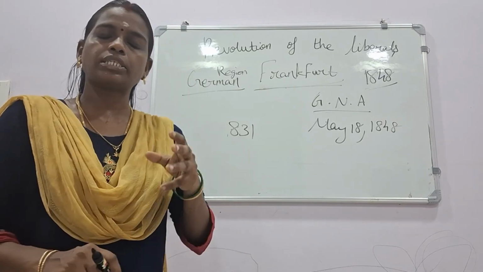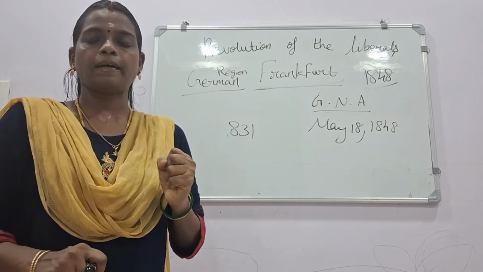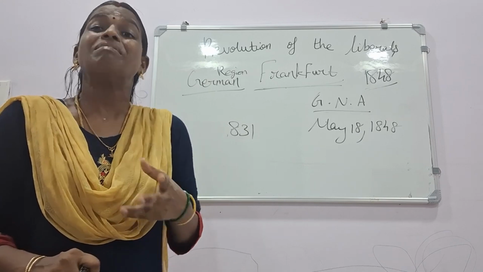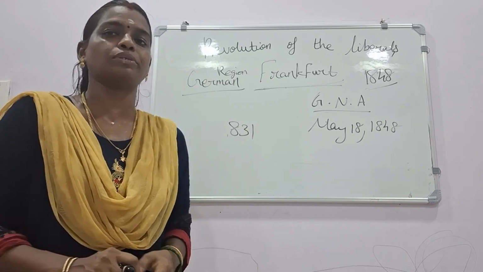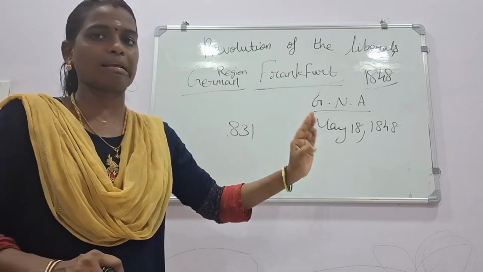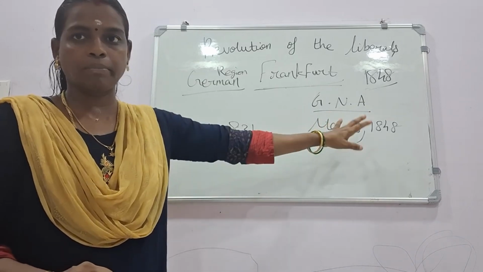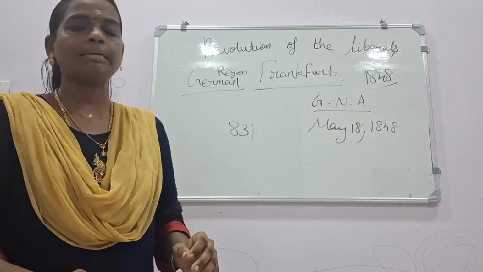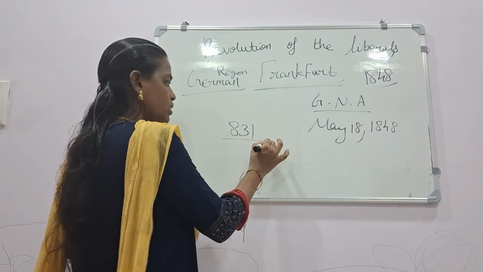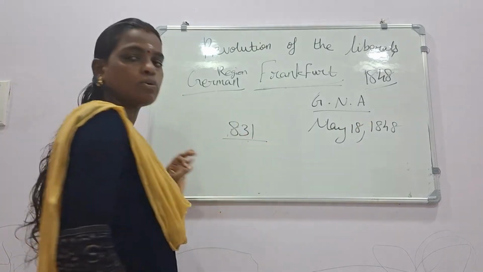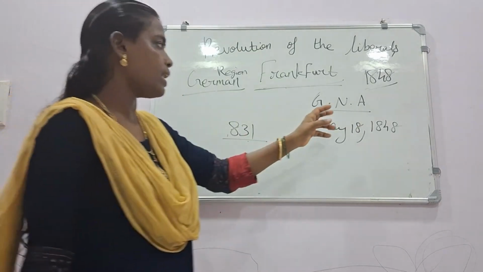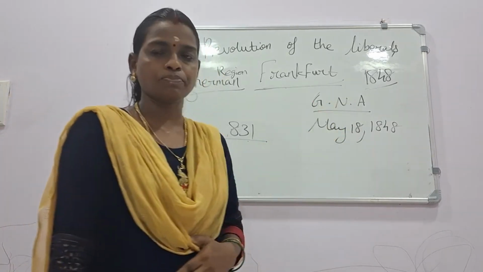Elections are conducted for the selection of many members. So here also many members were elected through the election for the German National Assembly. Nearly 831 representatives were elected under the election of the German National Assembly.